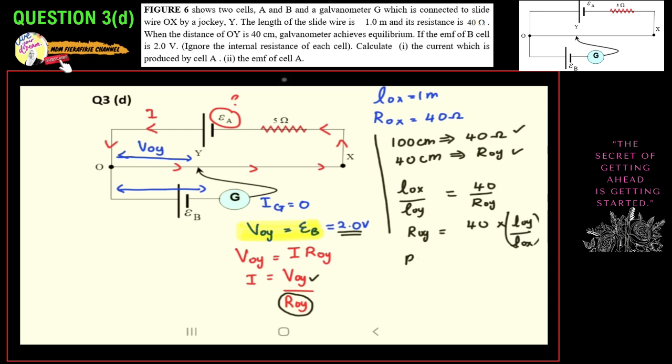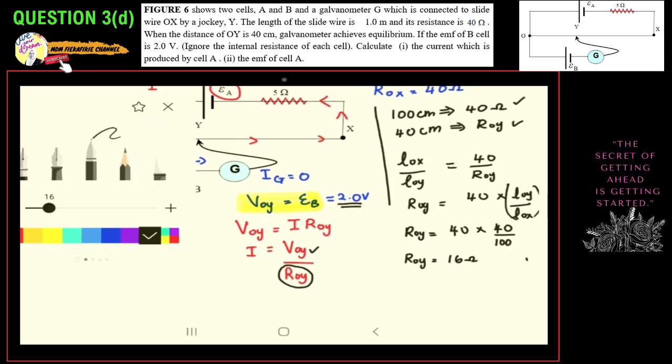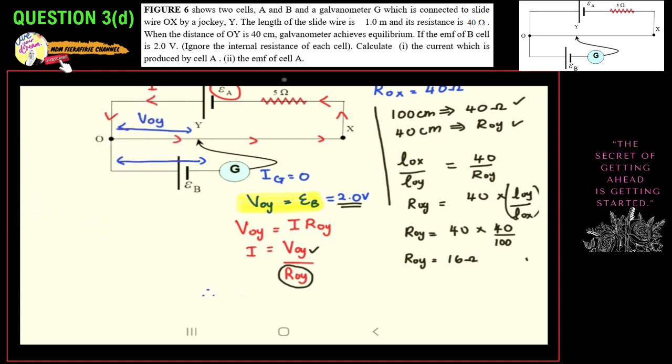Dapatlah kira ROY equal to 40 times 40 over 100. So dapatlah ROY is equal to 16 ohm. Dapatlah jawab soalan yang pertama. Therefore, I is equal to VOY, 2 volt, over ROY, 16. So the answer is 0.125 ampere. Okay, so ini jawapannya.